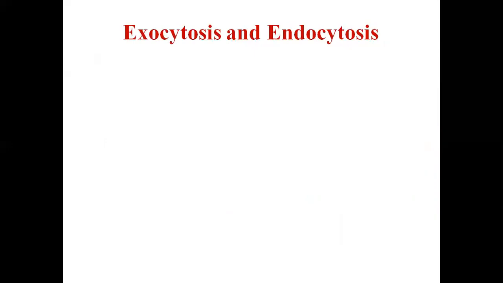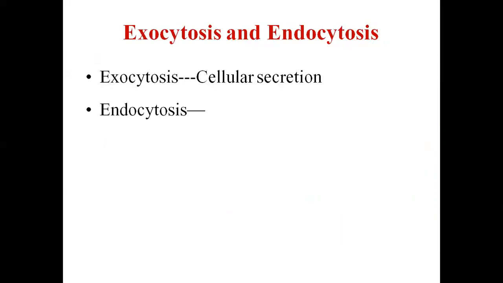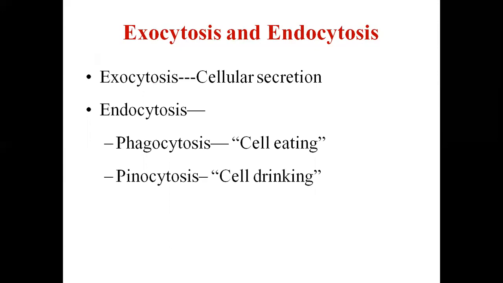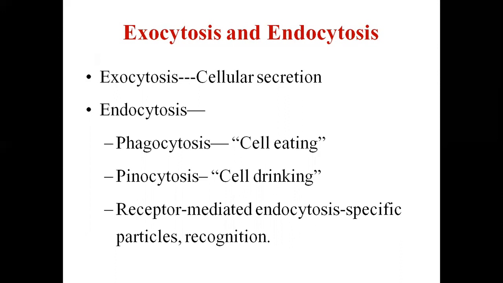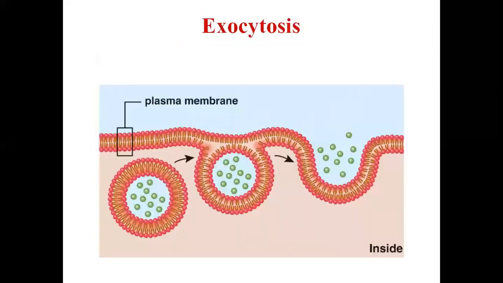Now exocytosis and endocytosis. Exocytosis means cellular secretion, and endocytosis has two types, phagocytosis and pinocytosis. Phagocytosis means cell eating and pinocytosis means cell drinking. Receptor-mediated endocytosis is specific particle recognition.